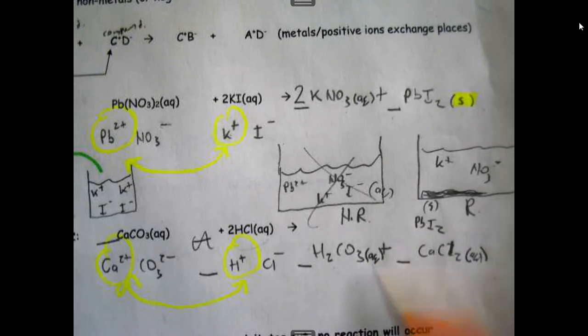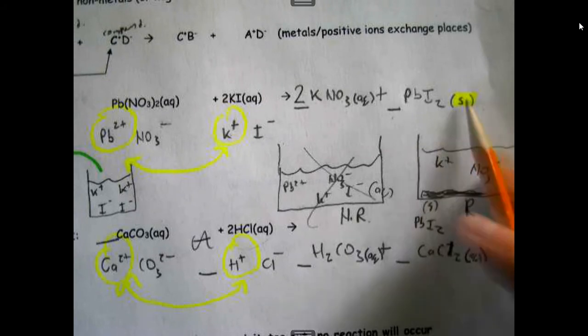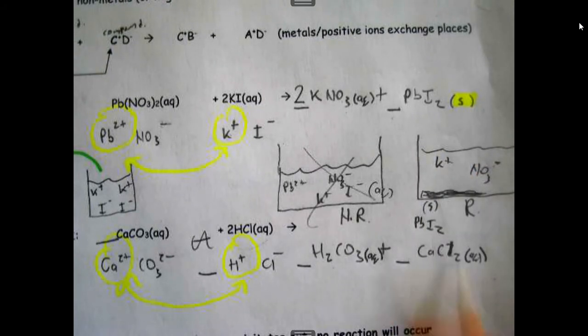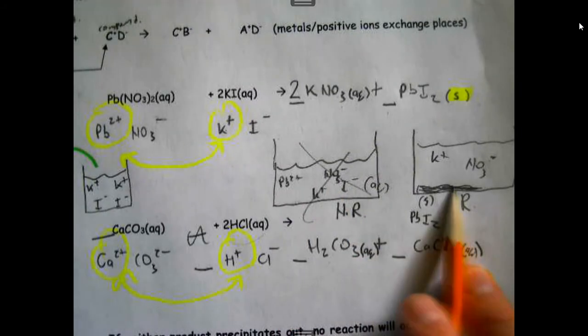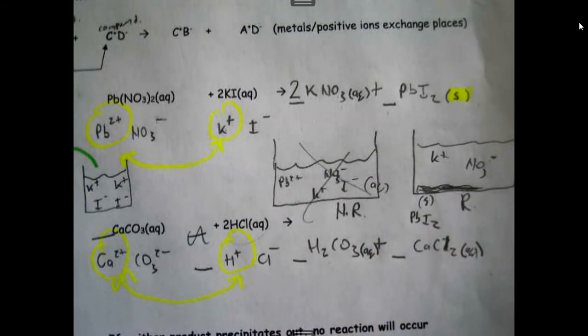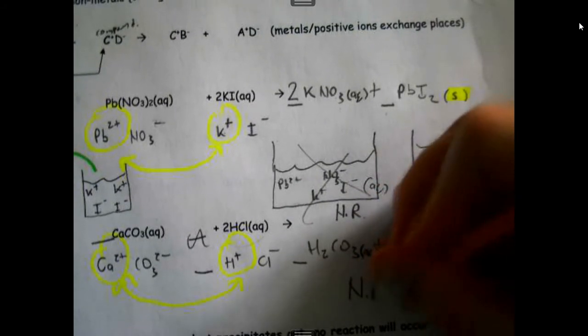Now, if they're both AQ, there's no solid, gas, or water being produced, then we know that there's not a reaction. These are just going to be floating around in a solution like this, and they're not going to be forming a solid because none of them have come together with enough strength to do that. So we say here that there is no reaction.